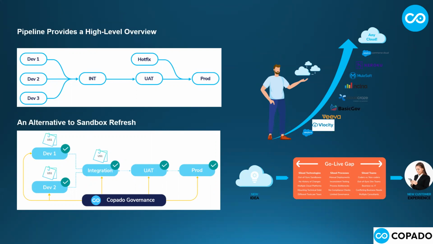But if you have a low budget, you can just install Copado in your production itself. And the rest of the orgs, you will just connect in a pipeline. No need to install Copado in any other org. I will show you how to install it also.